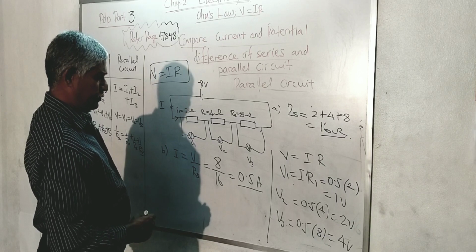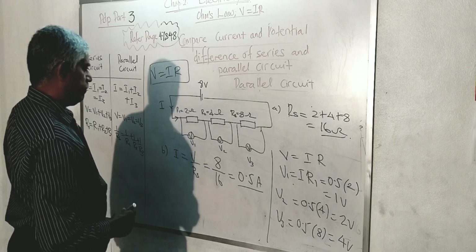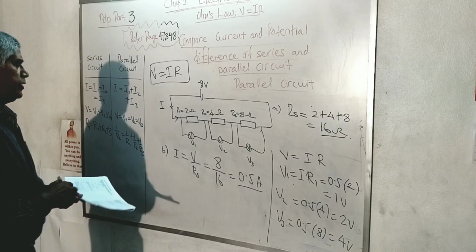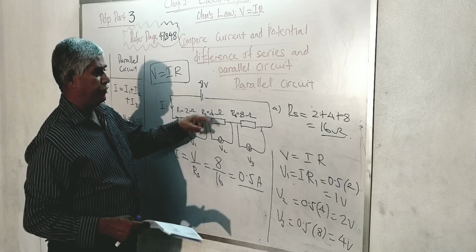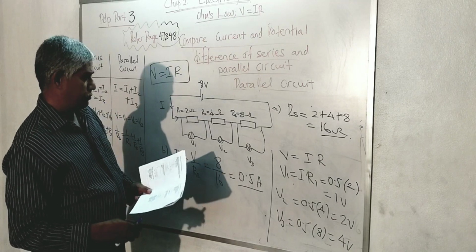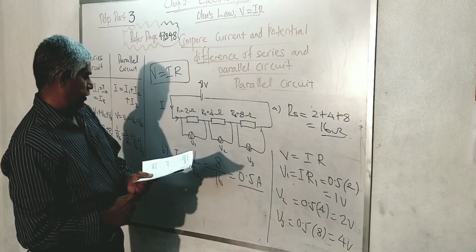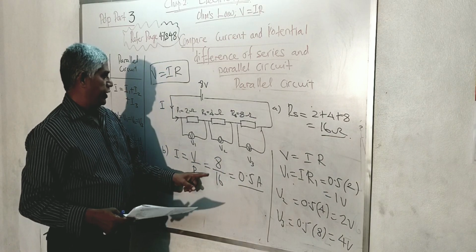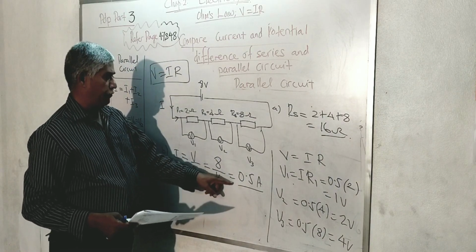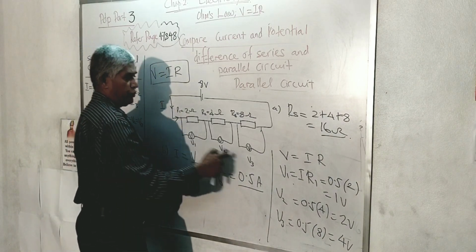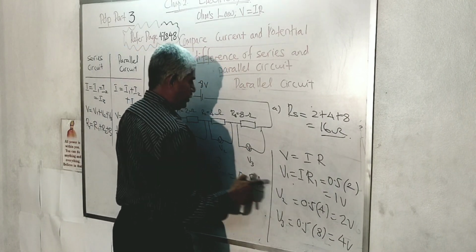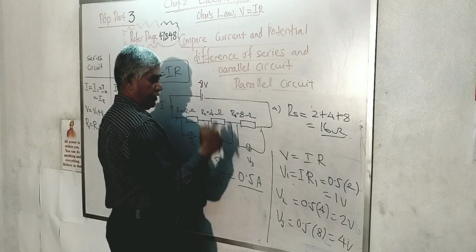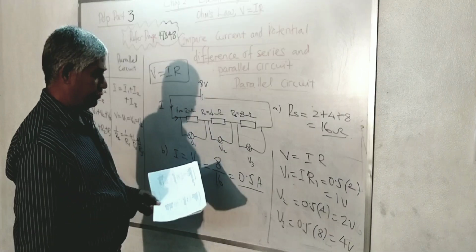So 0.5 times 2 is 1, 0.5 times 4 is 2, 0.5 times 8 is 4.